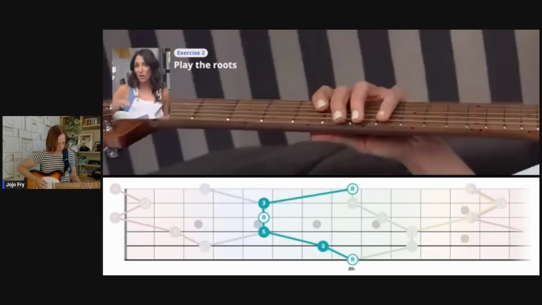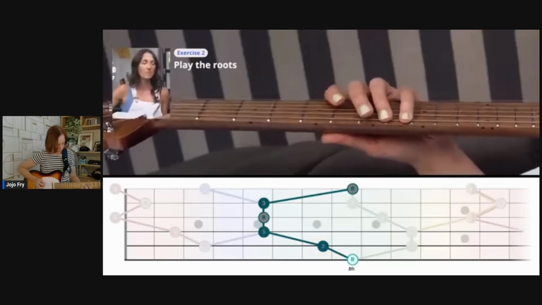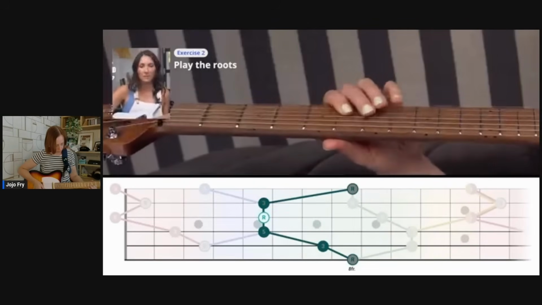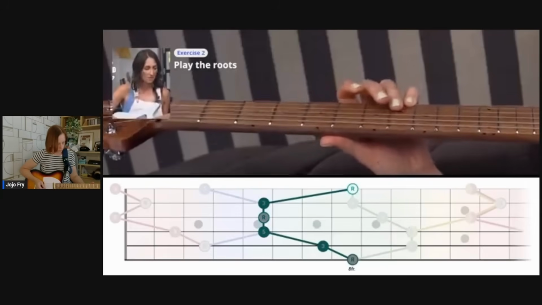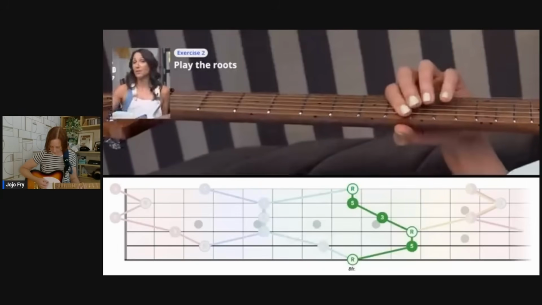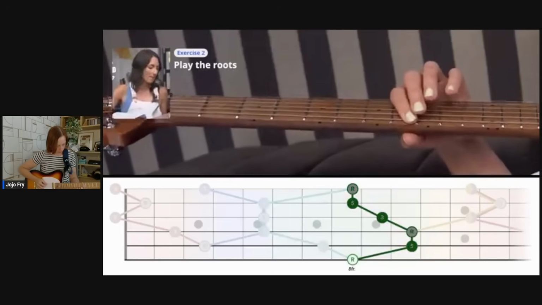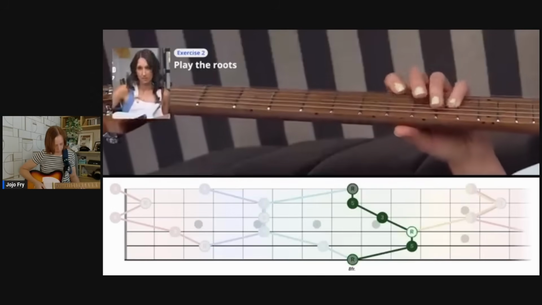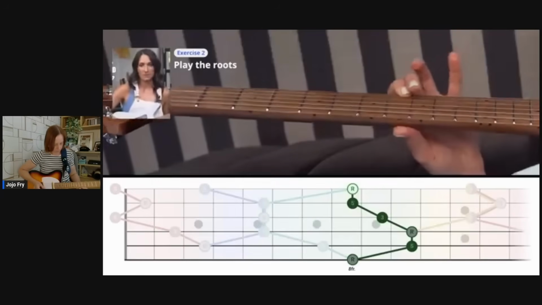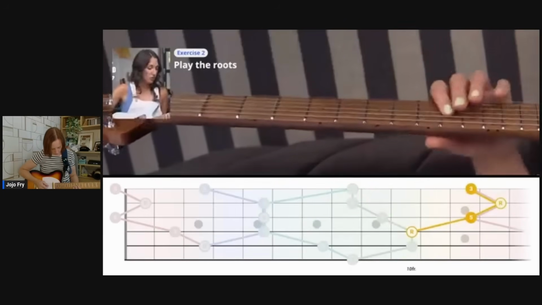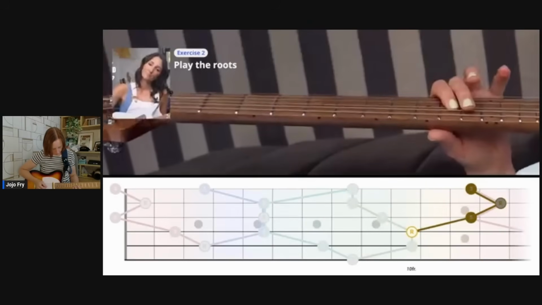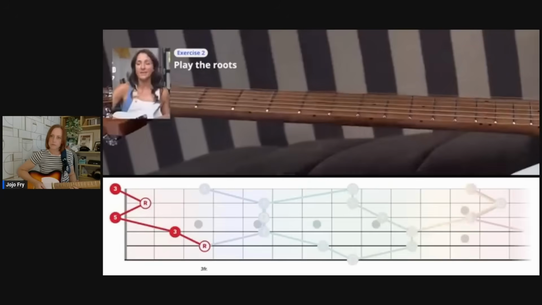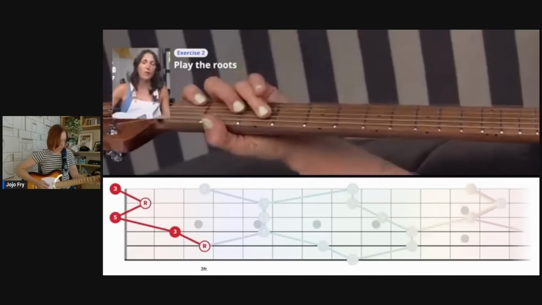G shape, here we go. 3, 4. 3, 4. D shape, 2, 3, 4. Back to the top, 2, 3, 4.